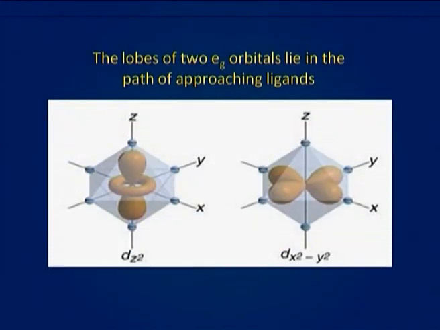Now notice that the lobes of dz square and dx square minus y square orbitals point towards the charges, that is, ligands. You can see the lobes of dz square are pointing towards these ligands and lobes of dx square minus y square are pointing towards these ligands.